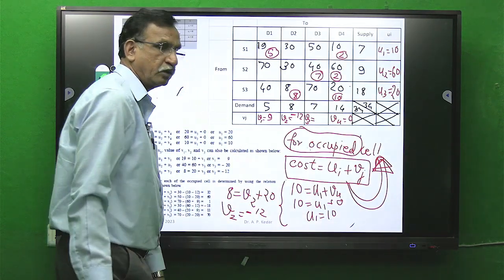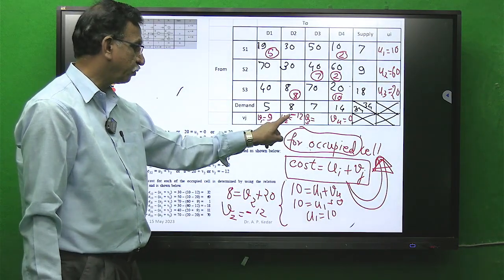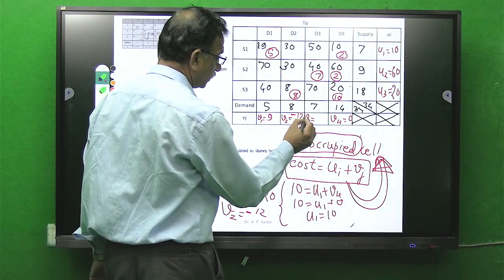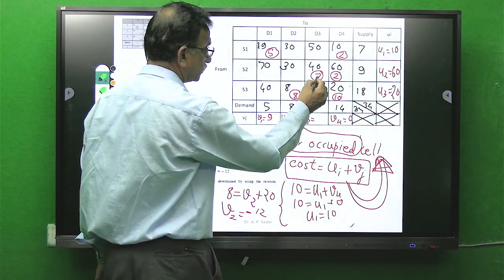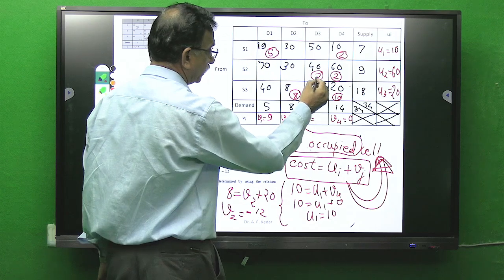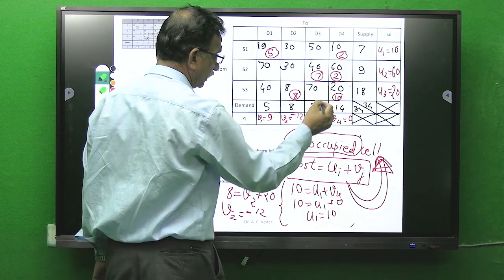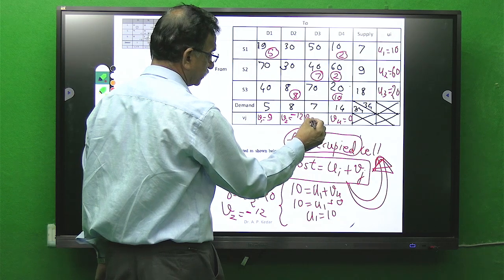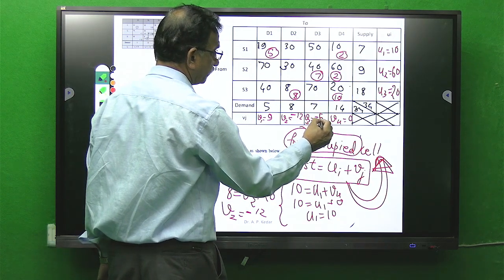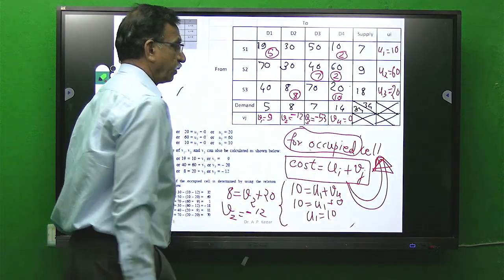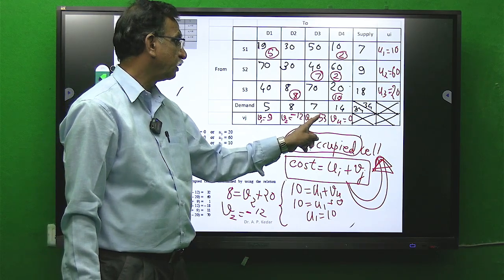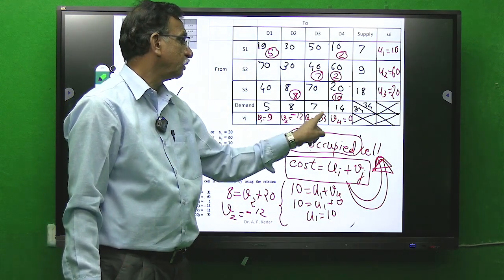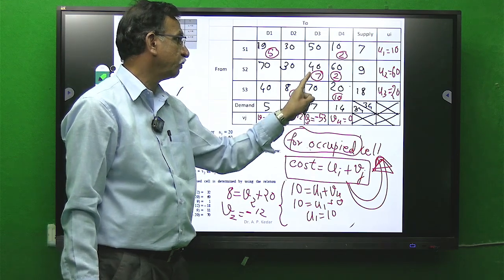See, again I am repeating, these are very important calculations. And last, v3 is equal to, this is 7. 7 is sum of 60 and some value. So what is that value? Again it will be minus. So minus 53. Minus 53 plus 60, difference of these is 7.